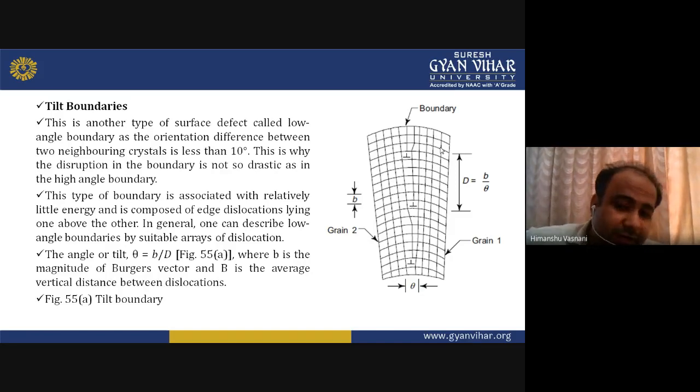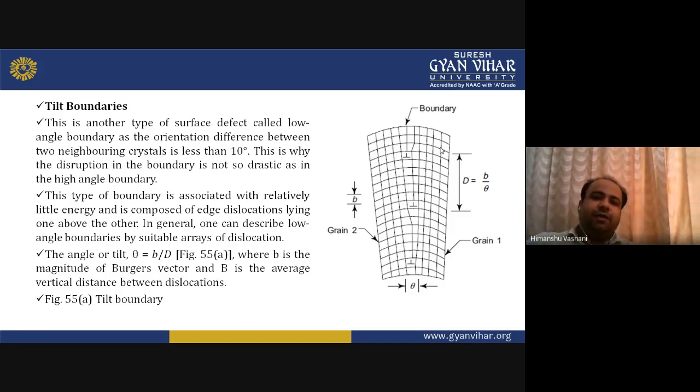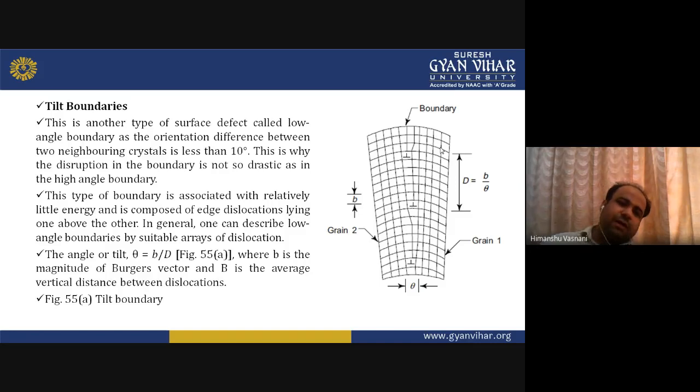I told you about edge dislocation: an extra layer is entering the structure. So it is called an edge dislocation, lying one above another. In general, one can describe low angle boundaries as a suitable array of dislocations.